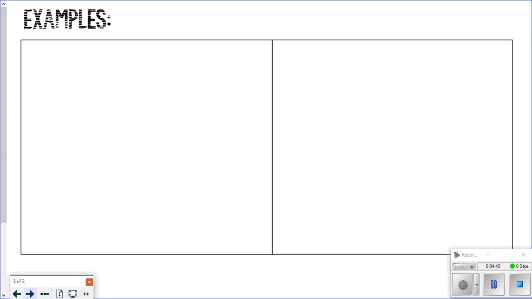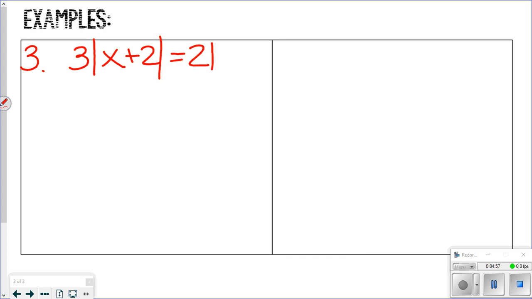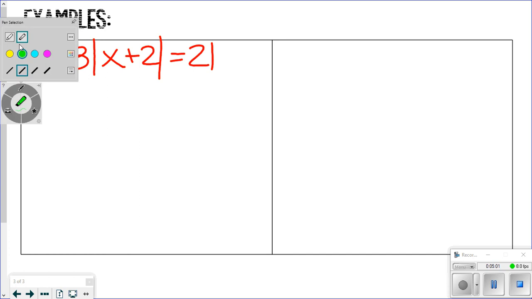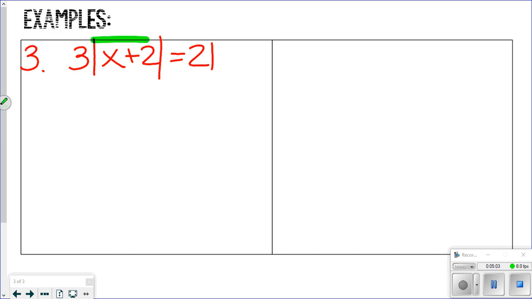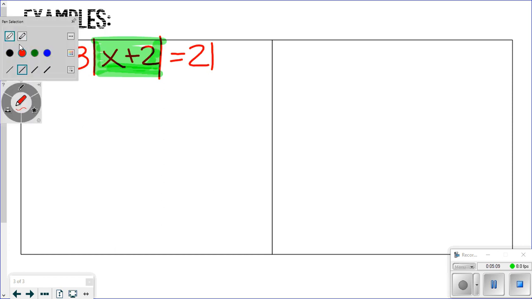Example 3. Let's move into examples that we need to isolate first, that we need to get alone first. So if I highlight my absolute value expression, it's this x plus 2, which is inside my bars. So currently, it's not completely alone.